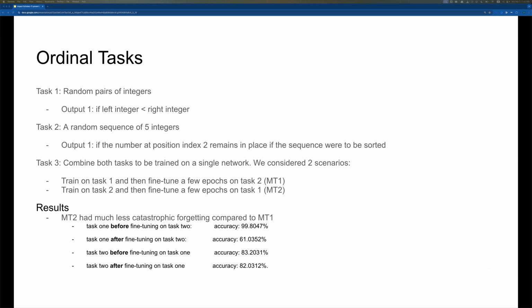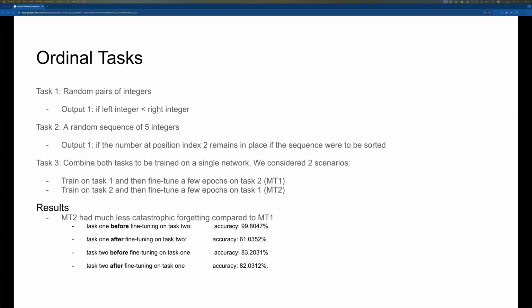And here are the results. We found that MT2 had much less catastrophic forgetting compared to MT1. For MT2, the model trained on task 2, before fine-tuning on task 1, got 83%.